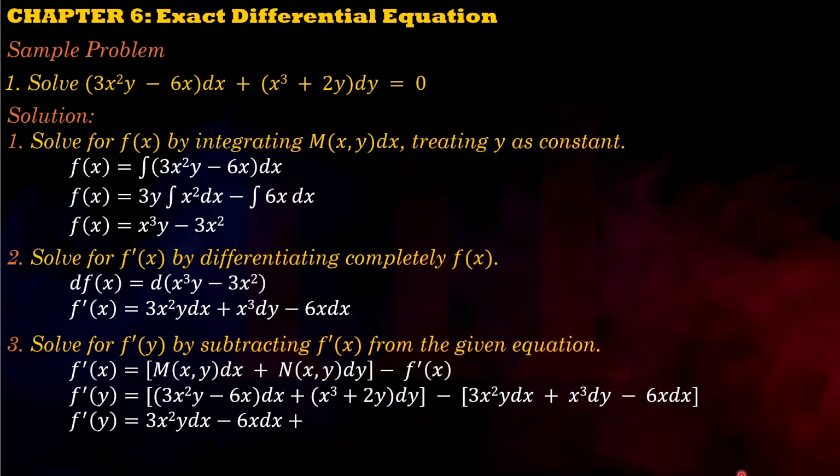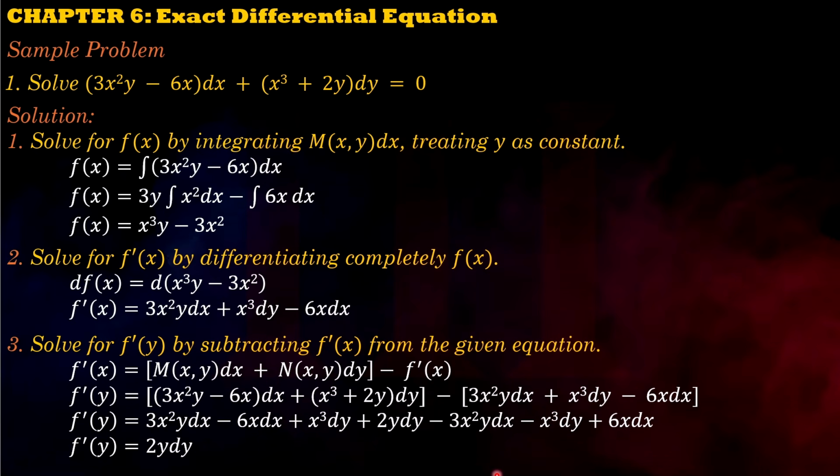Doing so, we will come up with 3x squared y dx minus 6x dx, minus x cubed dy plus 2y dy, minus 3x squared y dx minus x cubed dy plus 6x dx. We could cancel out similar terms, which are obviously this 6x and this 6x, this 3x squared y dx, and also this one, x cubed, x cubed. So we will be left with only 2y dy.